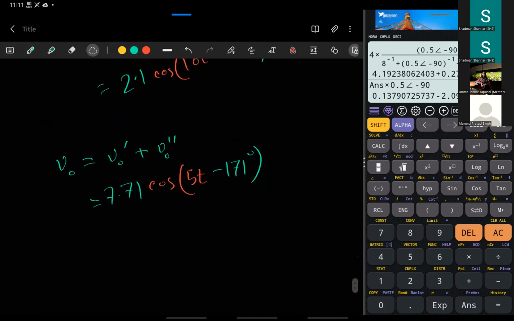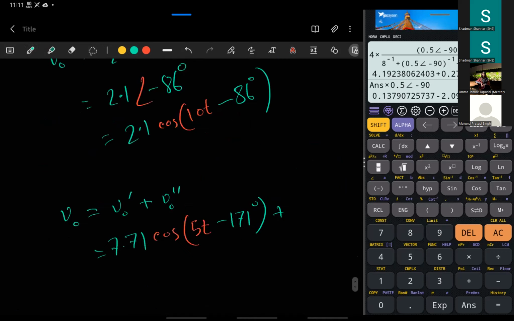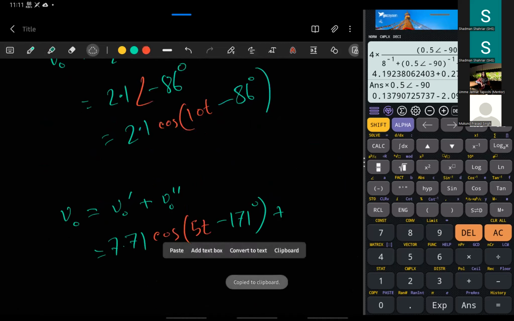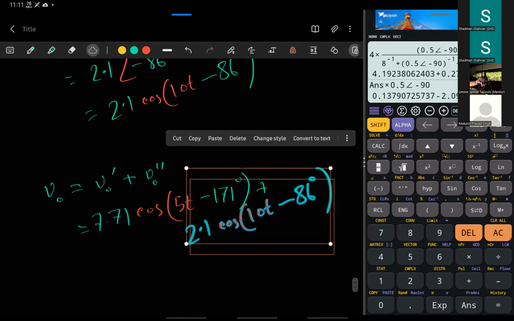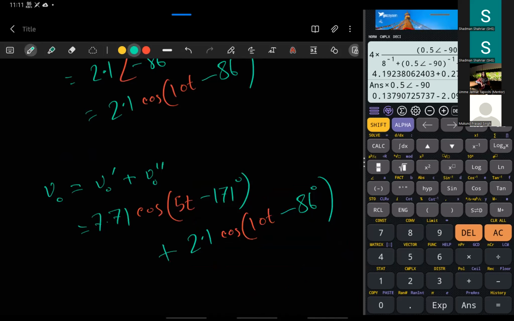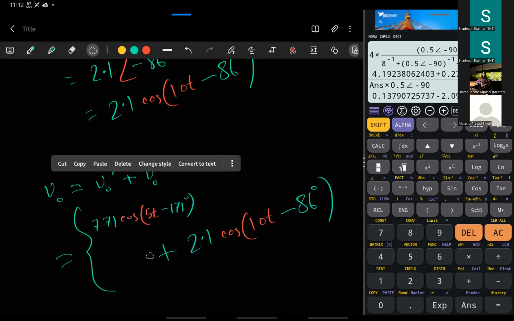Plus the value of our V double prime. Okay, so this is complete. I can just write them in one line. So this is your final result.